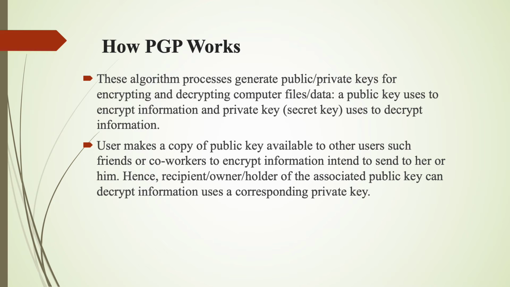A user makes a copy of the public key available to other users, such as friends or co-workers, to encrypt information intended to be sent to him or her. Hence, the recipient, the owner or holder of the associated public key, can decrypt the information using the corresponding private key.